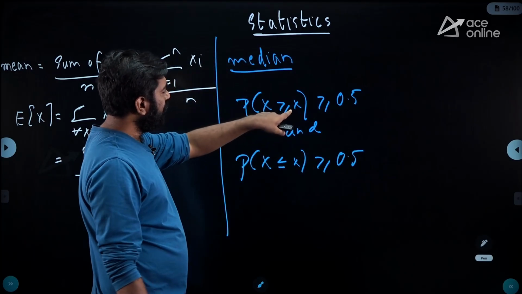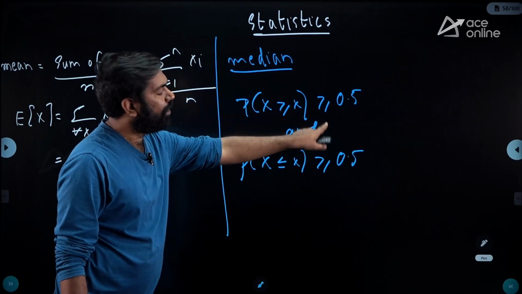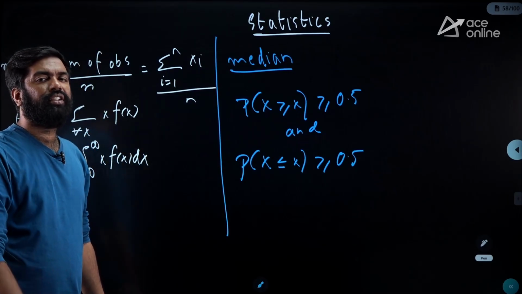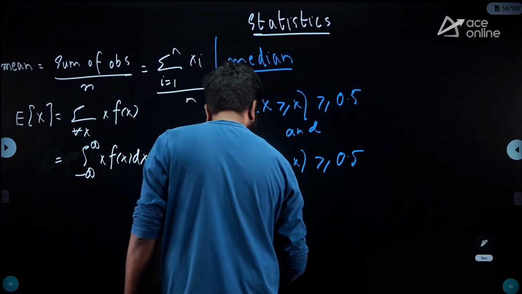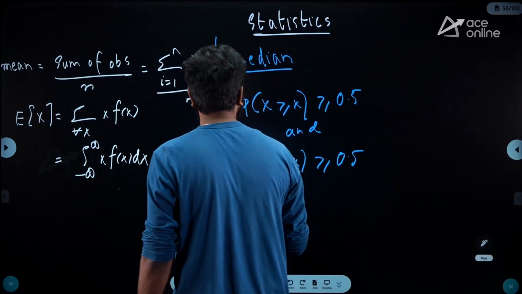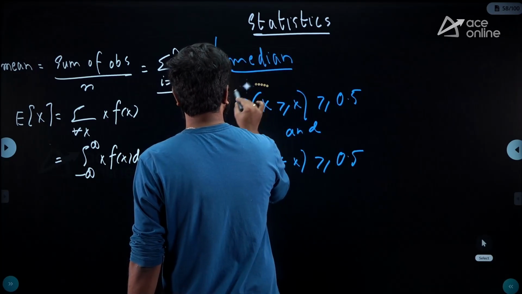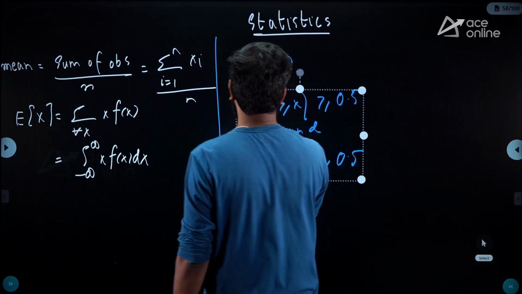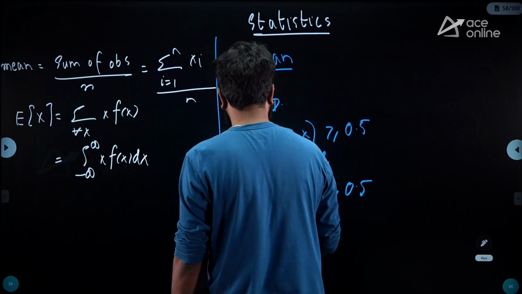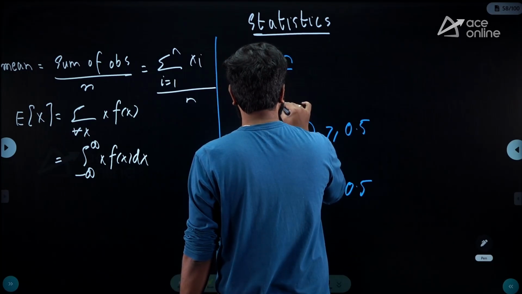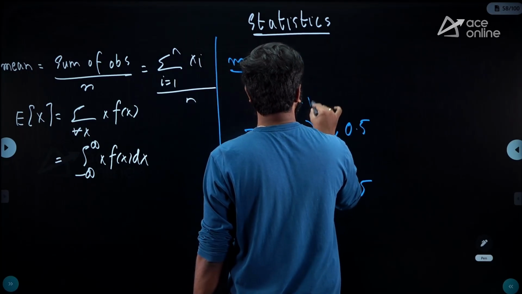If you are able to find such an observation which satisfies this criterion, that observation x is called the median. This is for a discrete random variable.